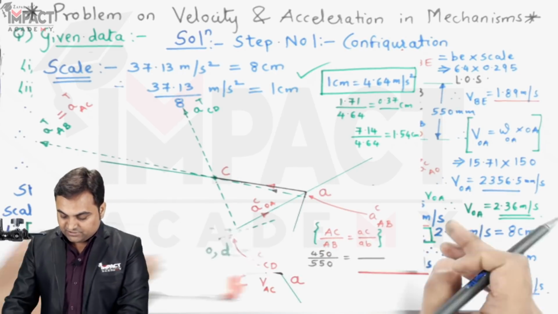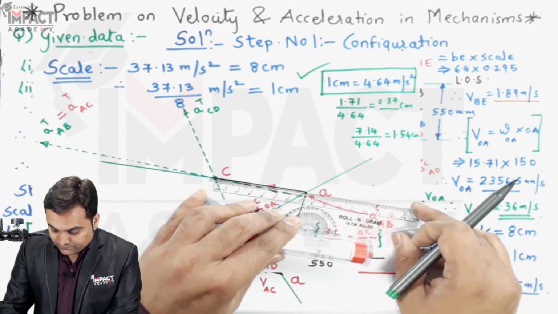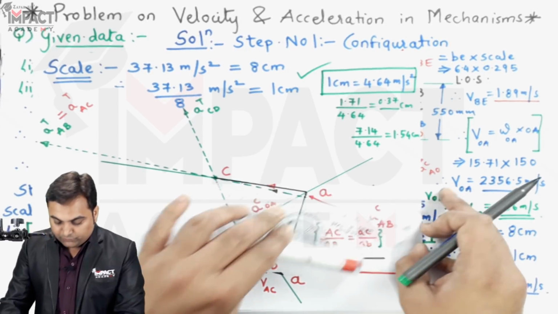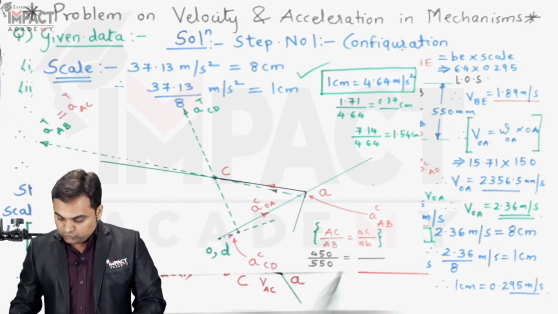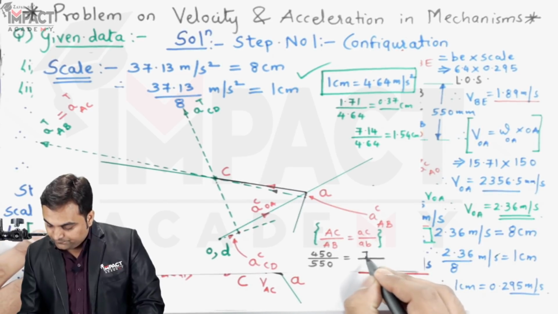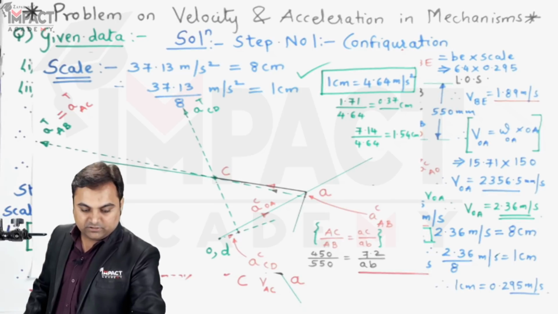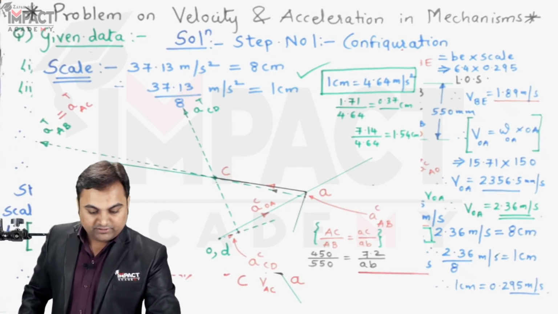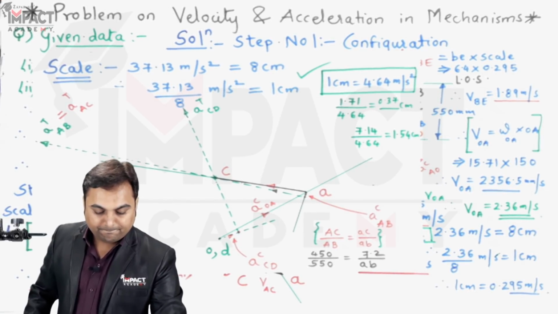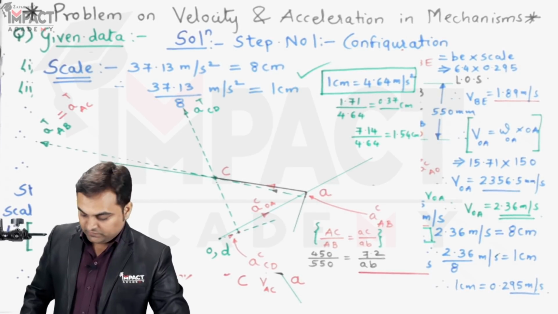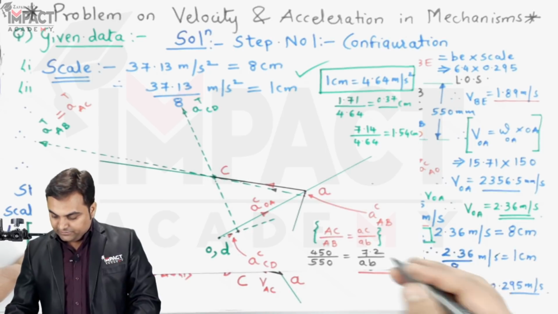So measuring this distance A to C for the main acceleration, it comes out to be 7.2 centimeter. So AC is 7.2, and finally from this the AB value would be 8.8 centimeter.